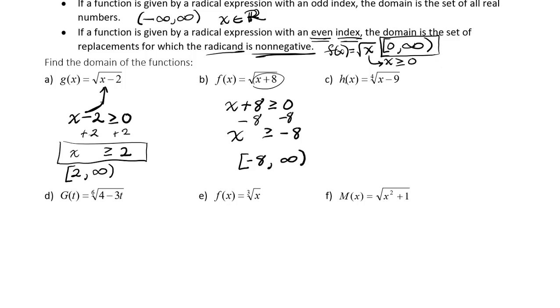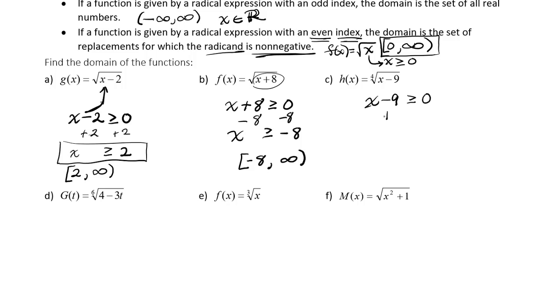Now let's take a look at h of x equals the fourth root of x minus 9. X minus 9 is the radicand. So let's find out what values of x will keep the radicand positive. We know the radicand must be greater than or equal to 0.